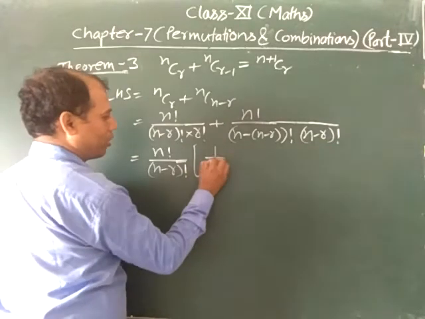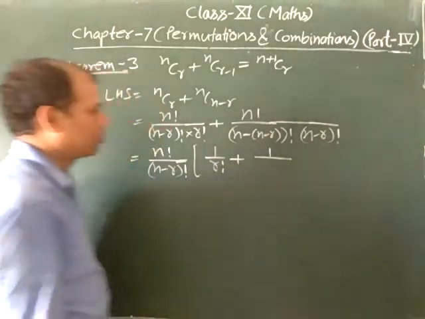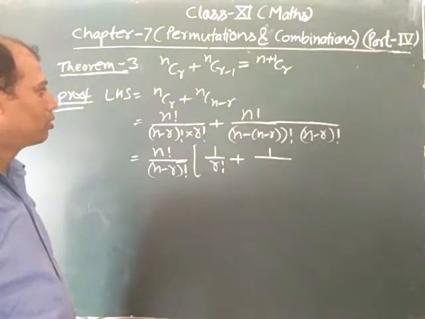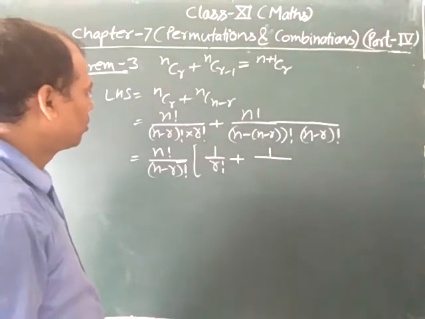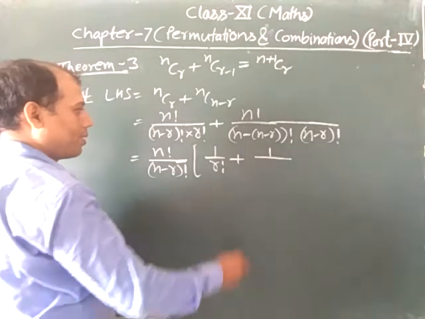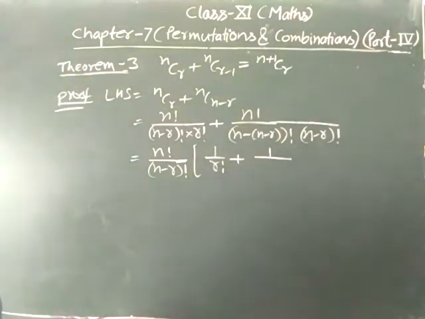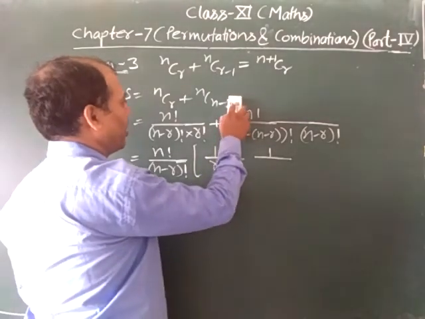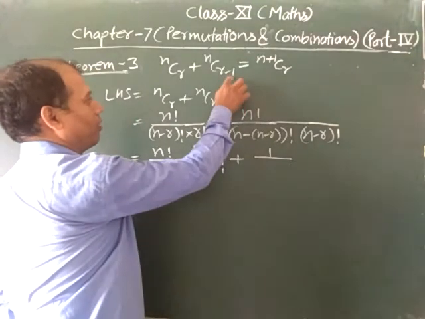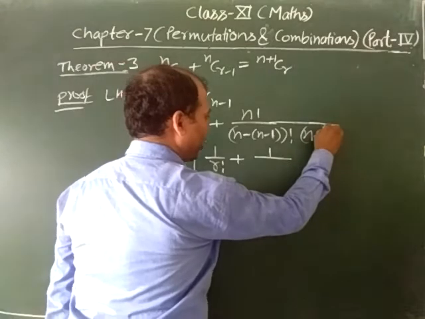So we get factorial 1 by factorial r plus 1 by, this is nC(r minus 1).